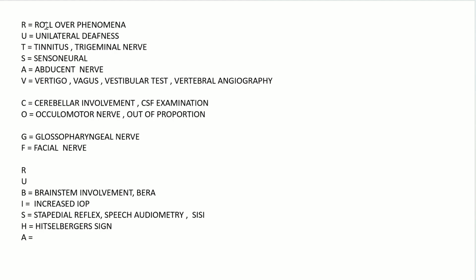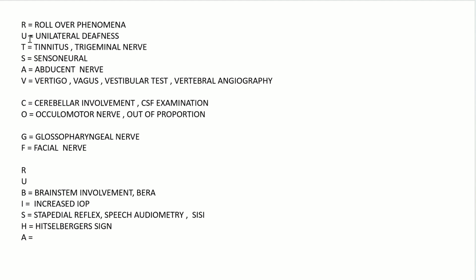R stands for rollover phenomenon, because it is quite important. We see the rollover phenomenon only in tumors that are retrocochlear, which means behind the cochlea. So in acoustic neuroma the rollover phenomenon is very prominent.